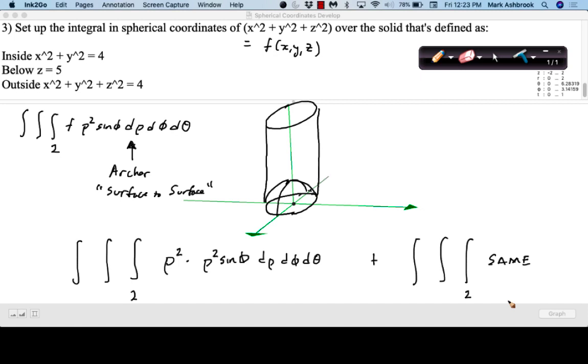And for higher values of phi, it's going to be the cylinder. So what's the breaking point in terms of phi values? And how can we express the cylinder? X squared plus y squared equals 4. He wants r equals 2. Is that right? Yeah, because x squared plus y squared is r squared, right?